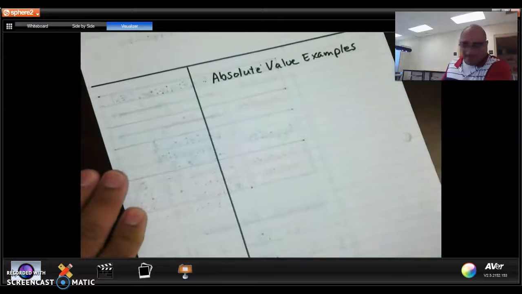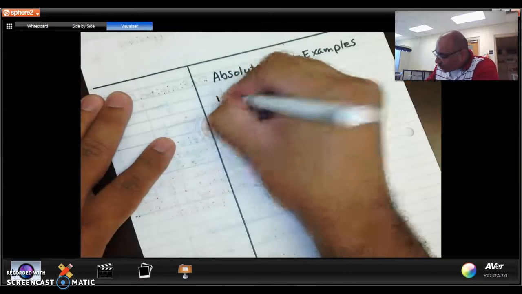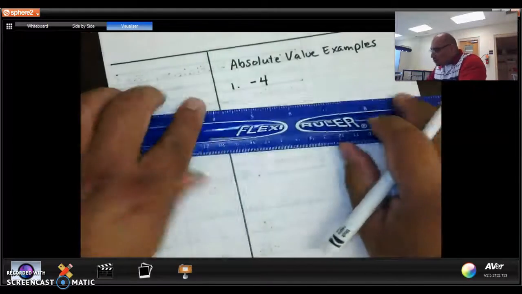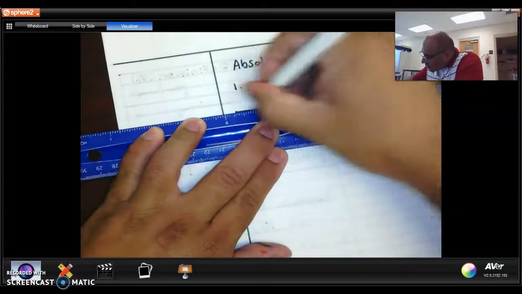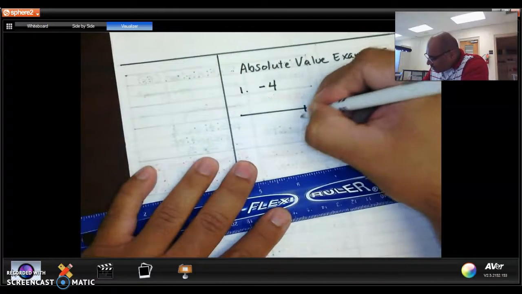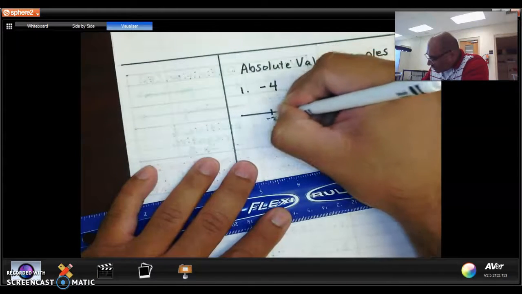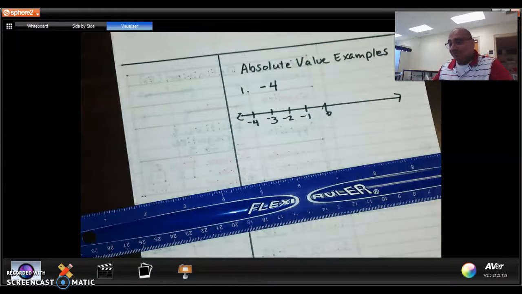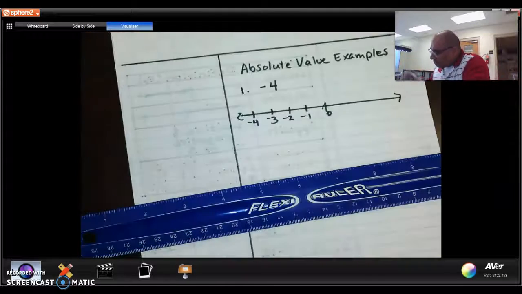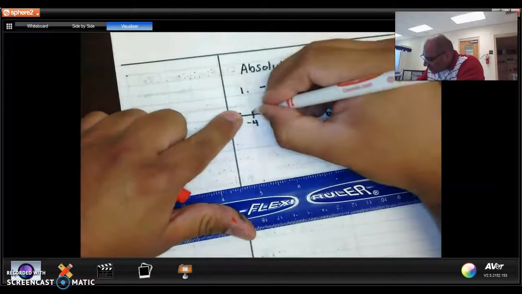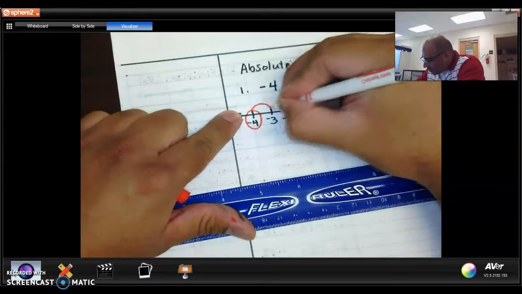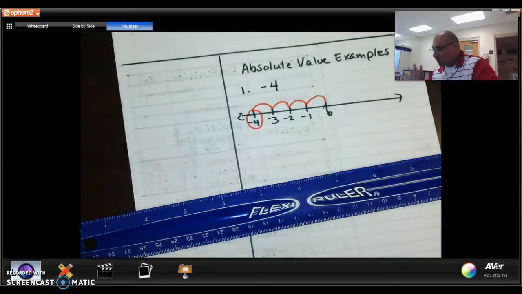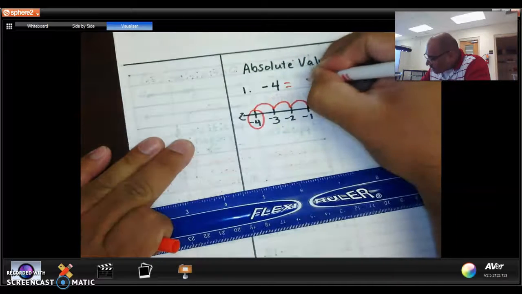So going back over here, if I were to ask you guys for number 1, the absolute value of negative 4, you could draw a number line and label it 0, negative 1, negative 2, negative 3, negative 4. And again, if you remember the distance from 0, well, I know 0 is right here, but the distance from it, let's see, we have 1, 2, 3, 4 spaces. It's 4 spaces away. That means our answer is 4.